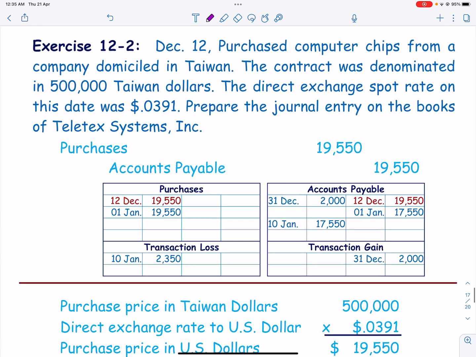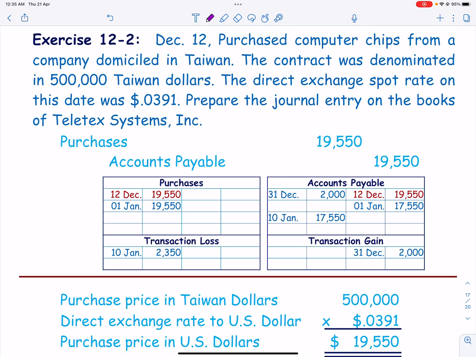Now, on the transaction date, we record that payable by debiting purchases and crediting the accounts payable denominated in a foreign currency, and the amount is 19,550.